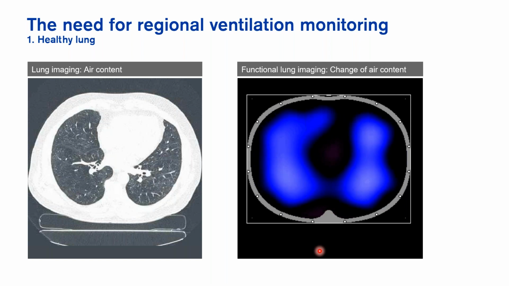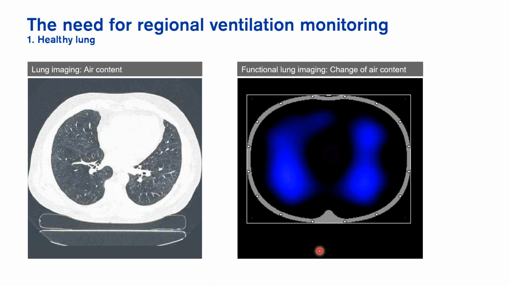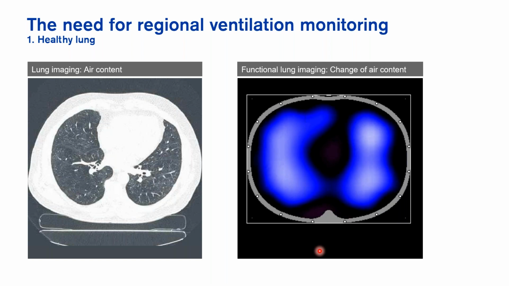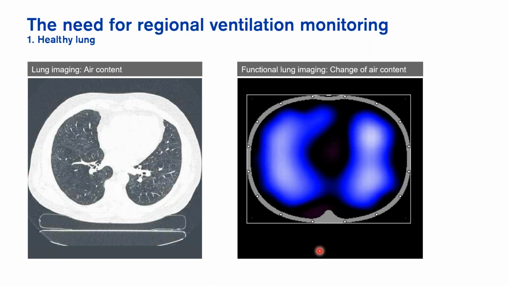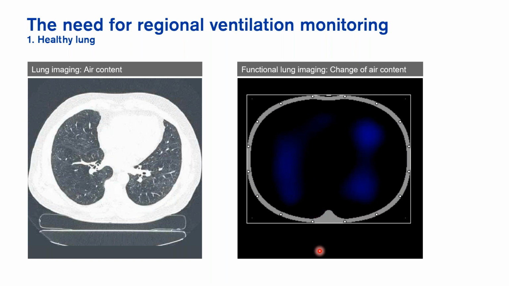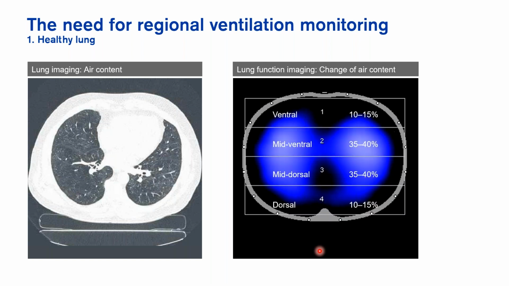So this is a tidal image, and this is basically how the air goes in and out of the lung. The blue color means that there is air in that area. The black color represents that there is no air. And if we then look at the regions of interest, especially when we are trying to evaluate patients with ARDS, potentially pneumonias, or even pneumothoraces, we would divide our image into the 4 regions of interest.